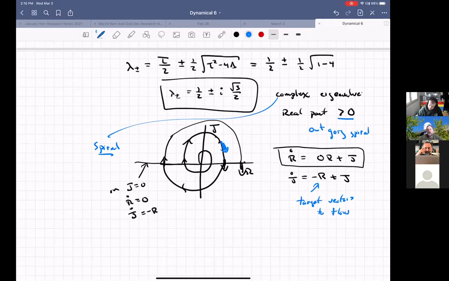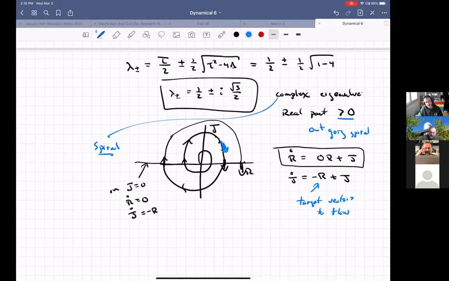See, the flow is parallel to the tangent vectors to the flow. So if I'm at a spot right there, R dot would be positive at that point because J is a positive number. And J dot at that point might be positive, might be negative.